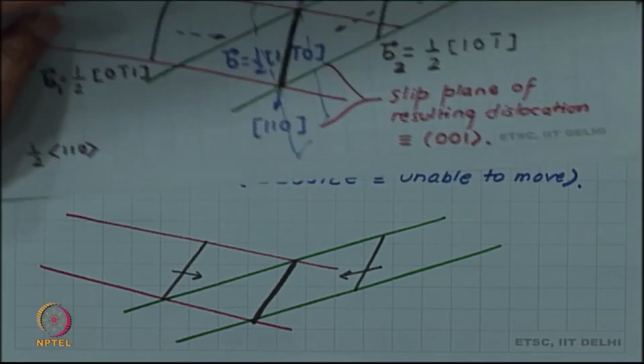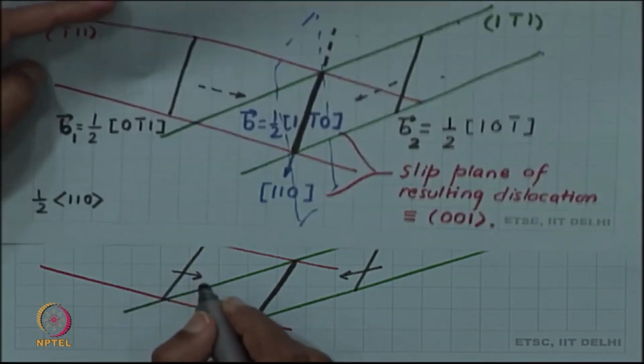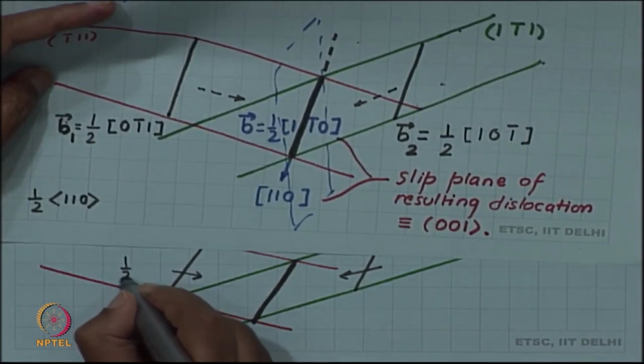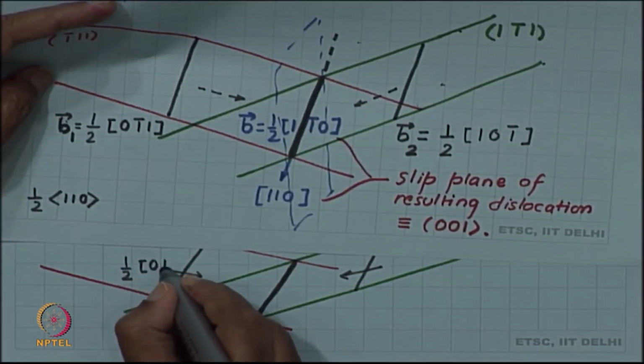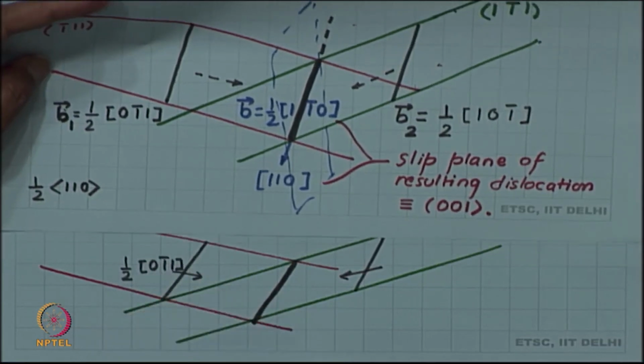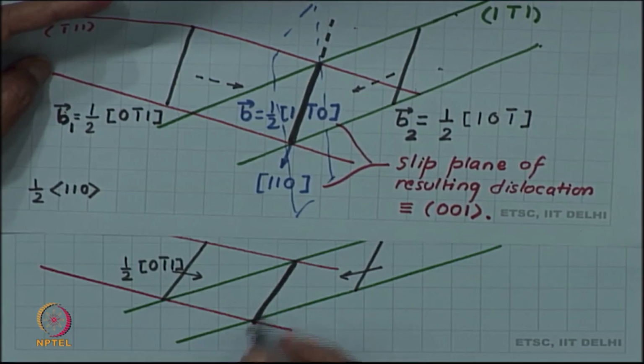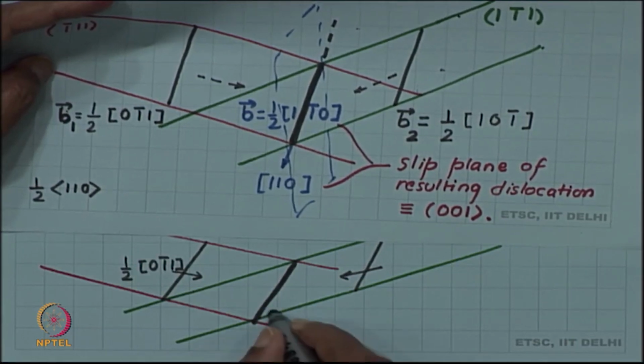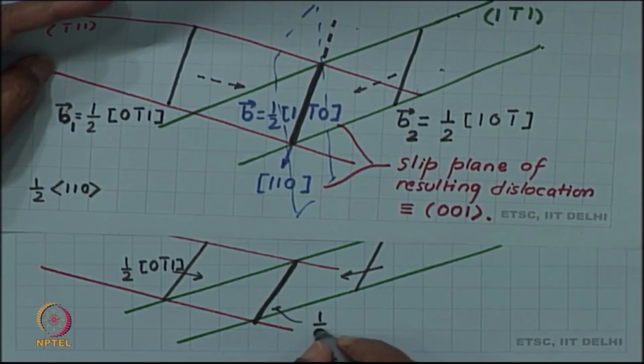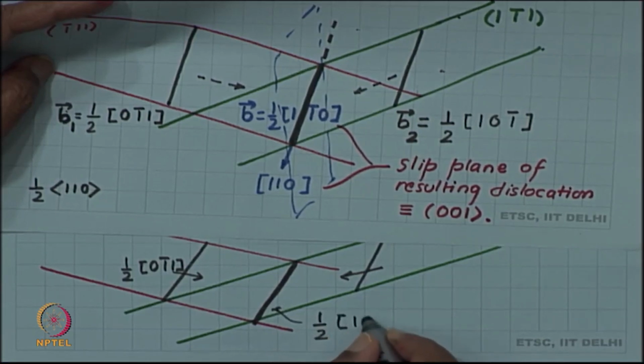Because let us consider the next dislocation again like we had considered here of half 0 bar 1 1. So, another dislocation with the same Burgers vector, now let us say suppose this is moving in this direction, but this dislocation has a Burgers vector half 1 bar 1 0.